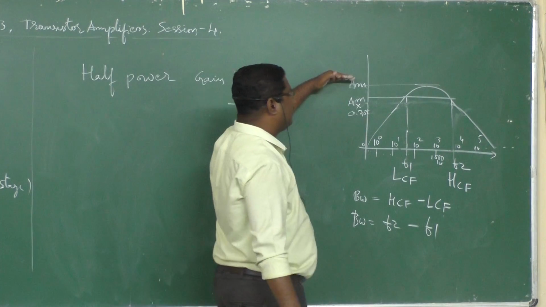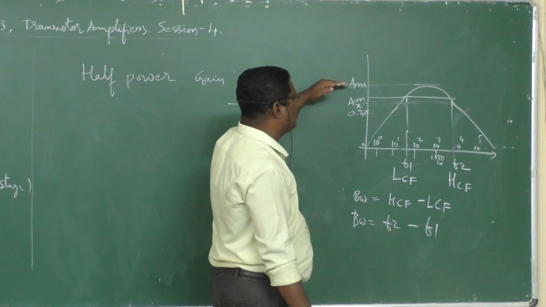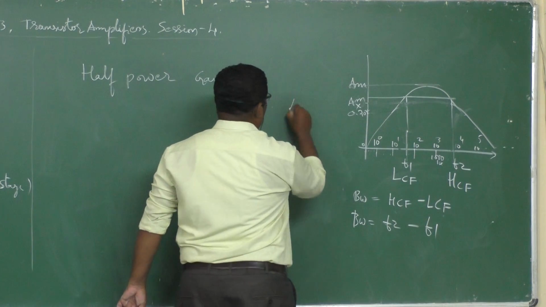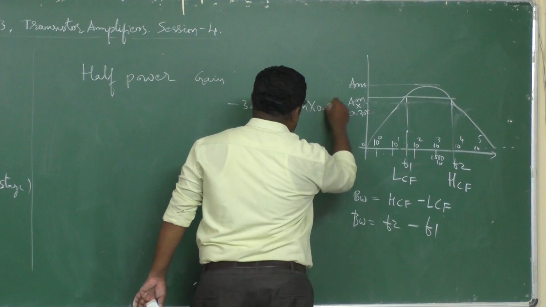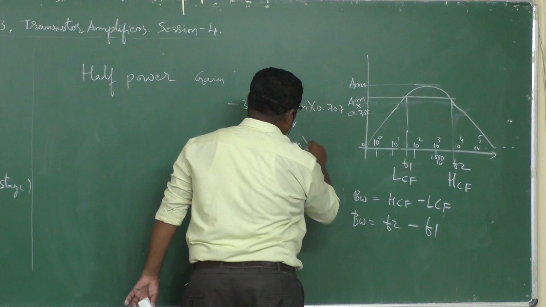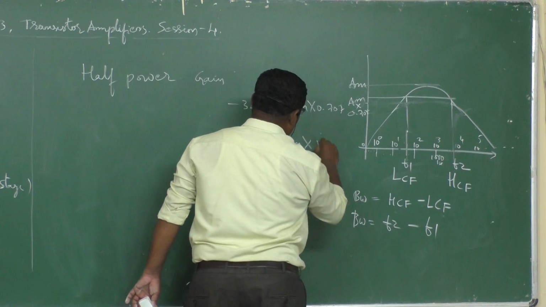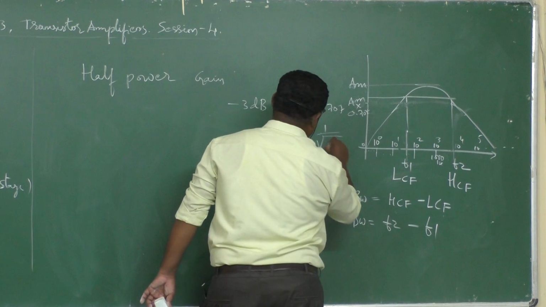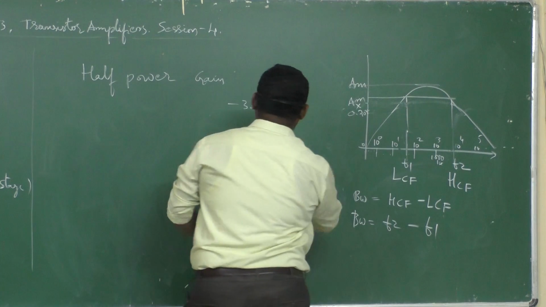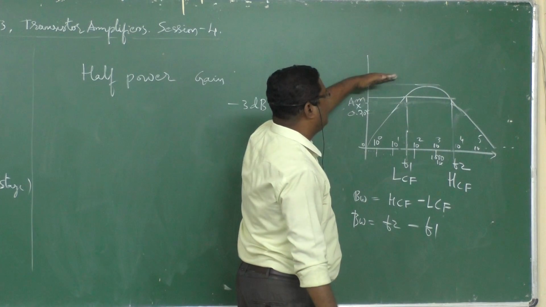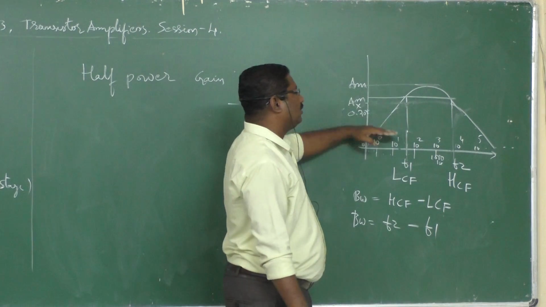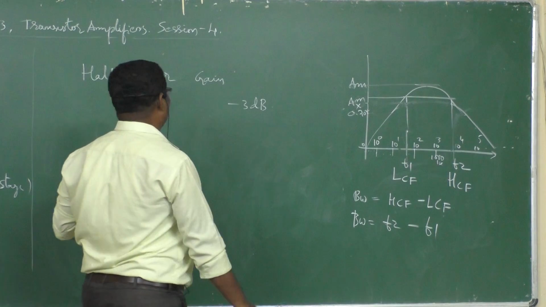So here the maximum amplitude, whatever it may be, is multiplied by 0.707, or AM multiplied by 1 divided by root 2. So like this we are doing. When we calculate this, the maximum gain will be reduced by minus 3 decibels, and that is known as half power gain, or we call it half power.